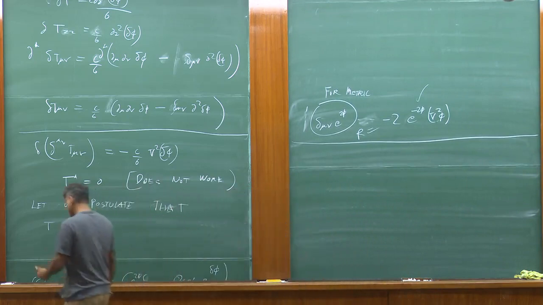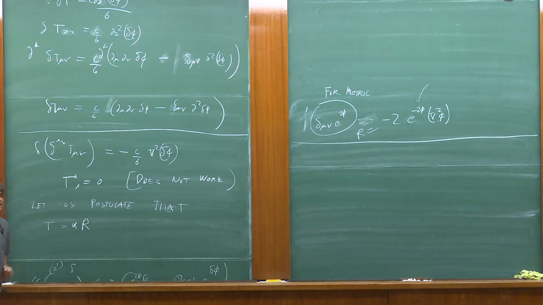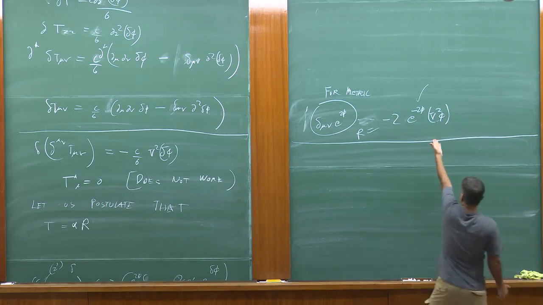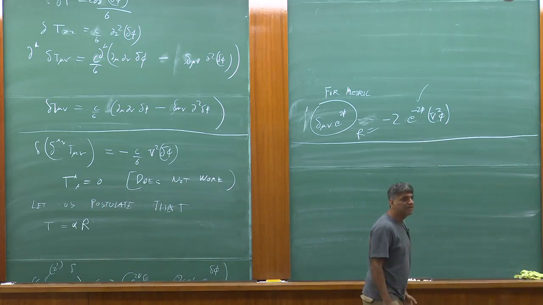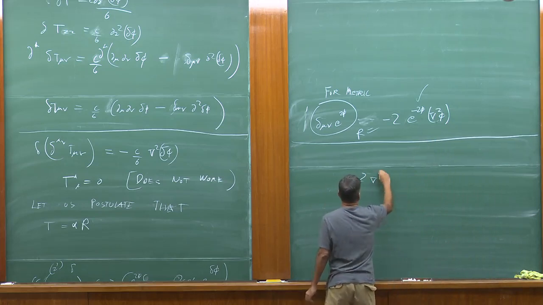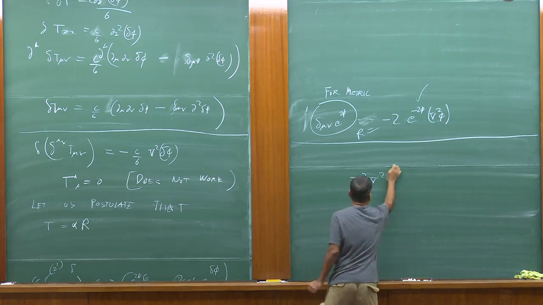Now suppose it was true that T was equal to alpha times R. Then under a Weyl transformation, T would be alpha times R of that Weyl transformed metric. But R of the Weyl transformed metric we've just written down here; to linear order it would be minus 2 del squared delta phi.